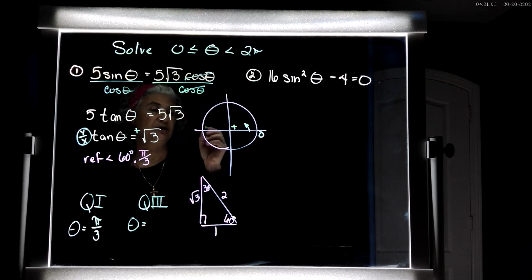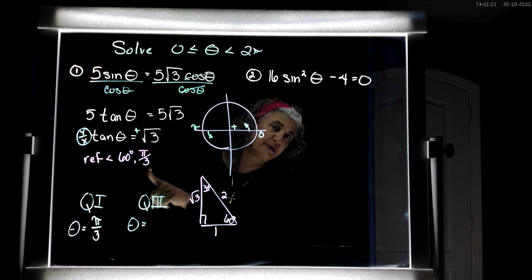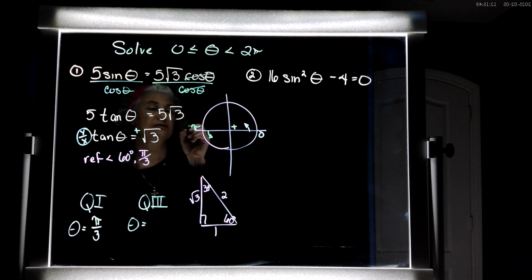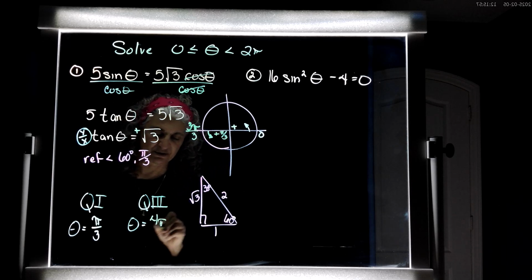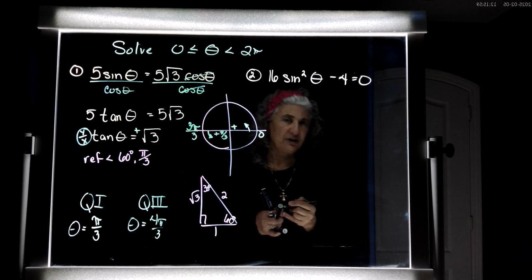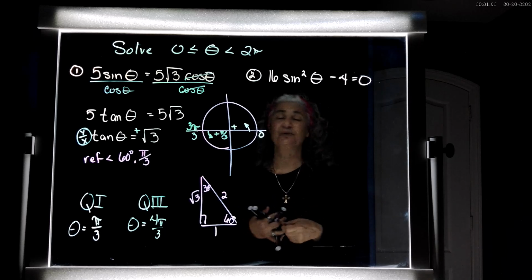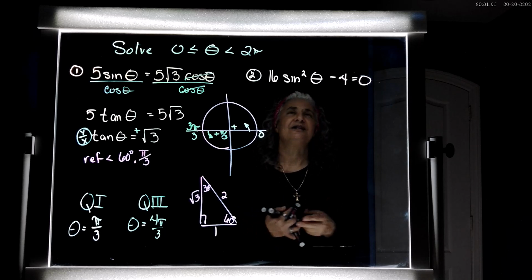Now quadrant 3, I'm going in this direction from the reference angle, but I want to make certain it has the same denominator because I'm dealing with a fraction. So yeah, 3 pi over 3. And yes, good, adding pi over 3. That's how we get 4 pi over 3. Good? Excellent. How are we doing? Is this making sense? Lovely.